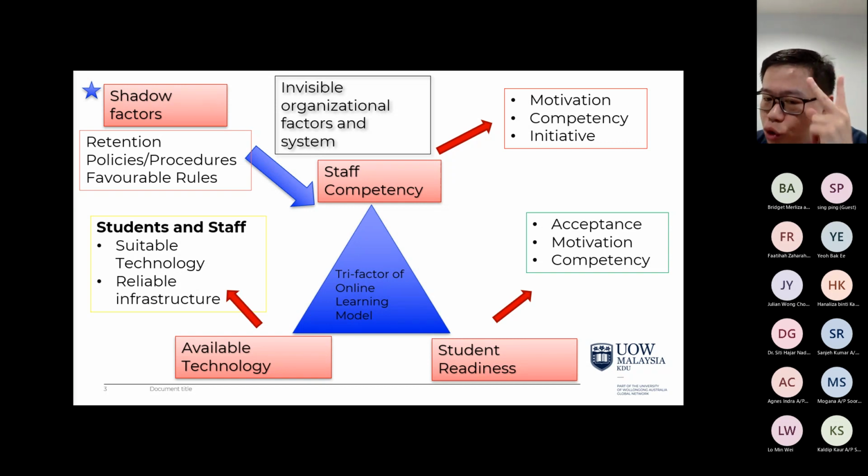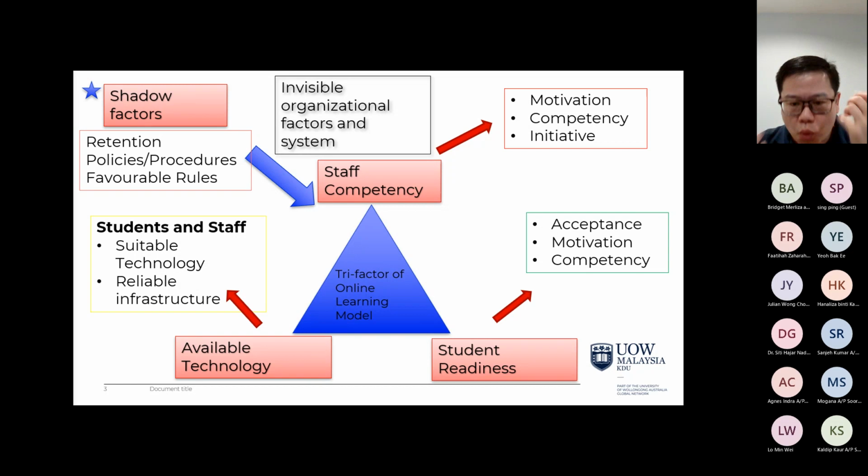So when the government said 2 weeks the first time, students' readiness was: why do I need to adapt? Just 2 weeks, no need to adapt, no need to learn, no need to accept the changes. Even when there were online classes, they were like, don't worry, no need to pay attention. In 2 weeks' time, I'm going to see Miss Bridget again, and she will explain to me face to face. So readiness is not there.